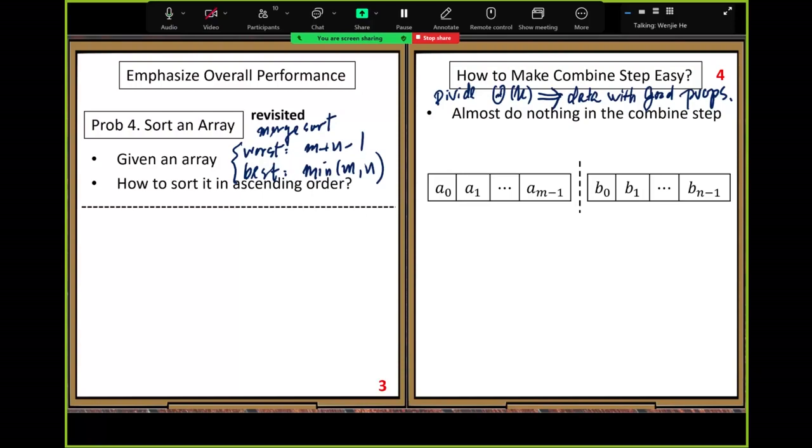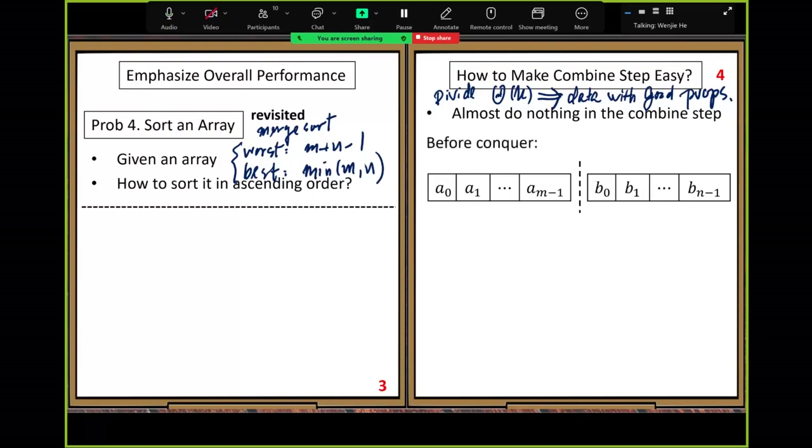How can we combine two ordered arrays to make a larger ordered array without any comparison? You put them together, the whole array is ordered automatically, and you do not need to do any comparison. How can that happen?